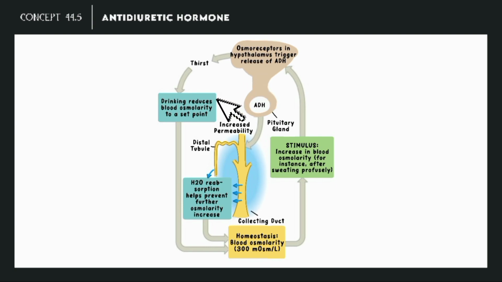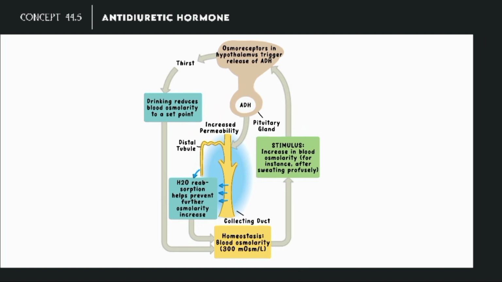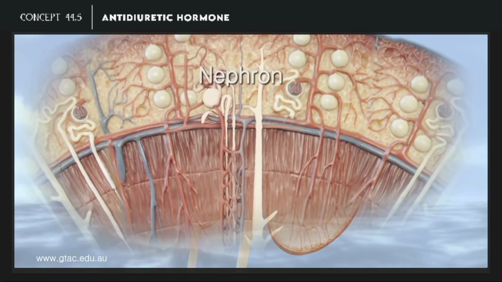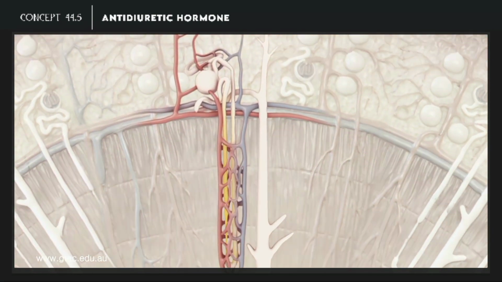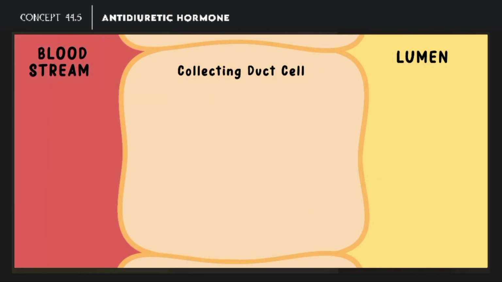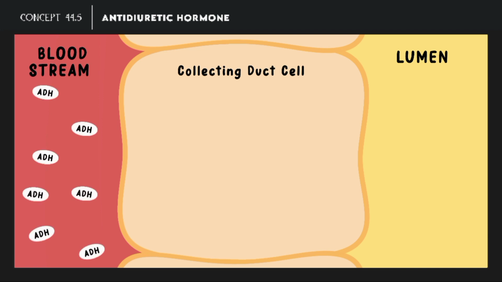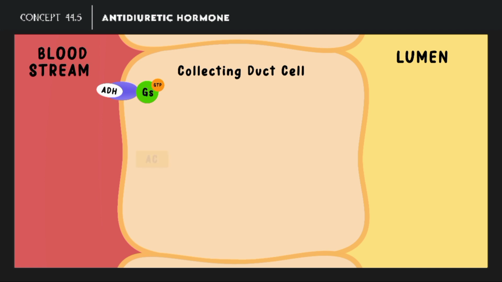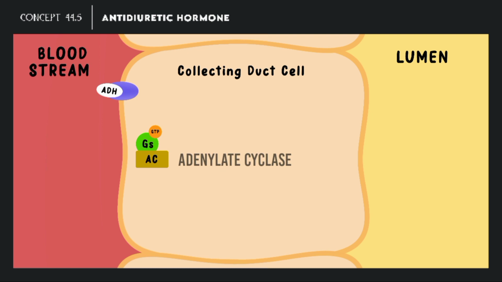And the cycle repeats. But the question is, how does ADH make this happen? Let's take a closer look. This is a collecting duct cell. After the release of ADH, it will trigger an intracellular cascade inside the cell. It binds with vasopressin type 2 receptor, which activates the stimulatory G protein, which causes it to move along the membrane and activate an enzyme called AC, or adenylate cyclase.